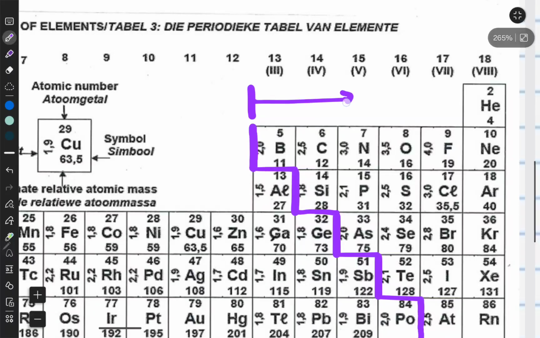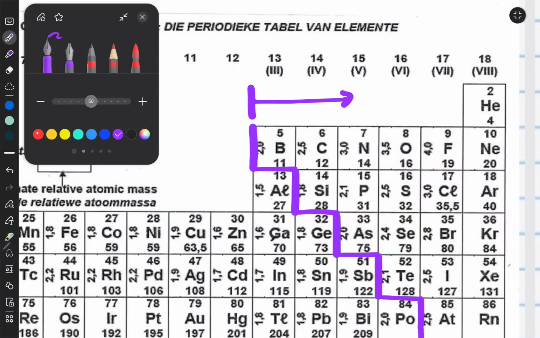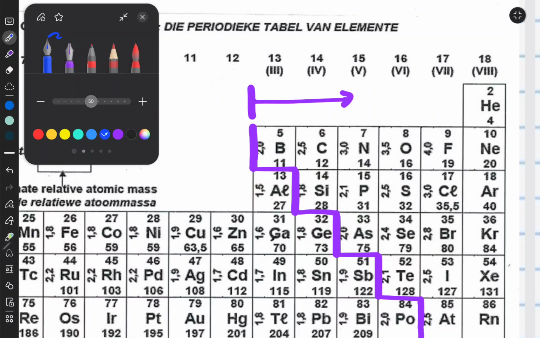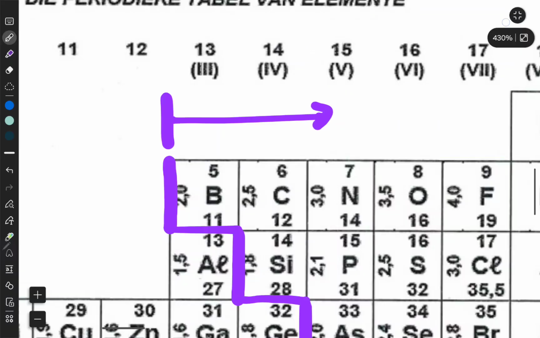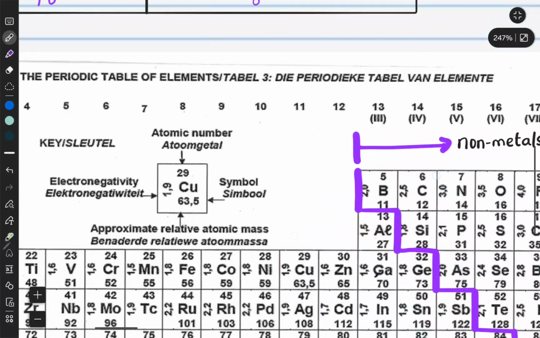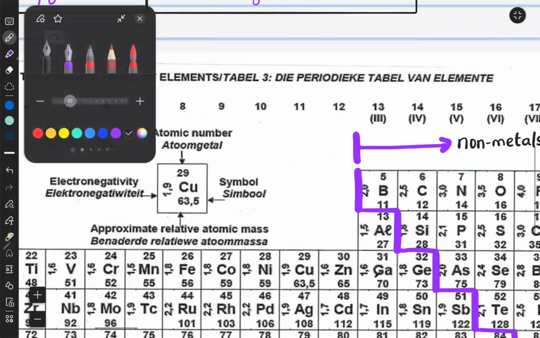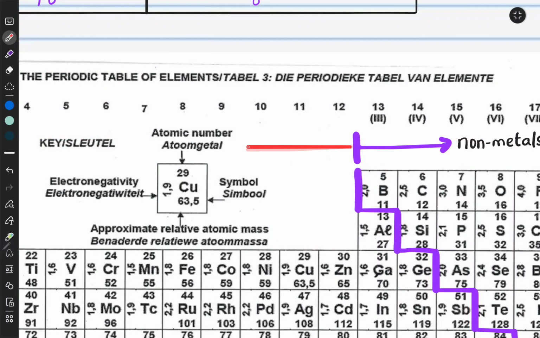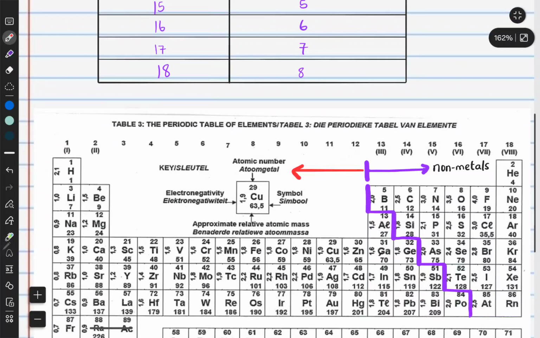So remember that. Everything this side, we would call our non-metals. And then everything going that side is where our metals are.